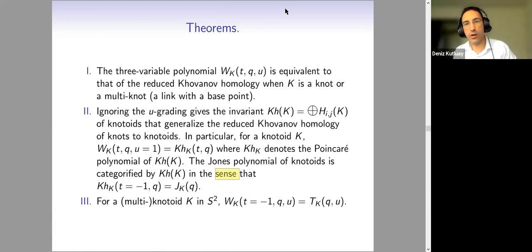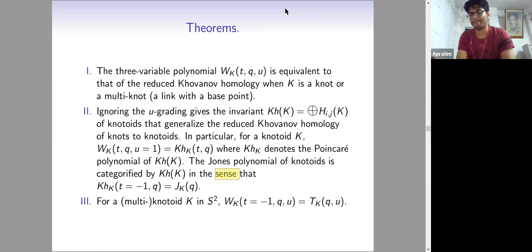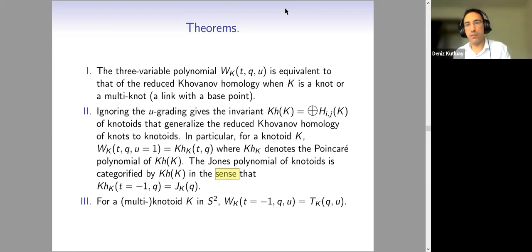If you take the endpoints such that one of them is inside and the other is on the other side, then it is similar to annular Khovanov. It's not exactly the same. There is something called a planar knotoid, where you take a knotoid on R2, and one of the endpoints is in the region that goes to infinity. It is similar. I see. So for knotoids in R2, it is similar, but not exactly the same.